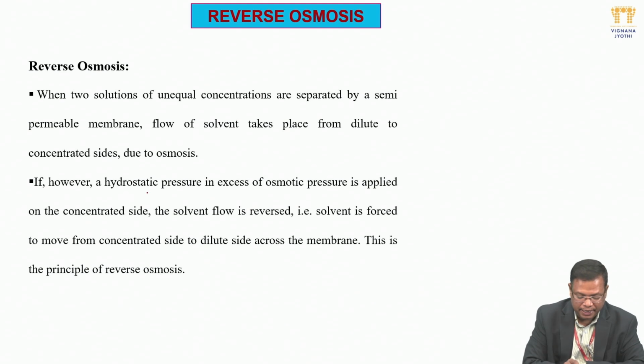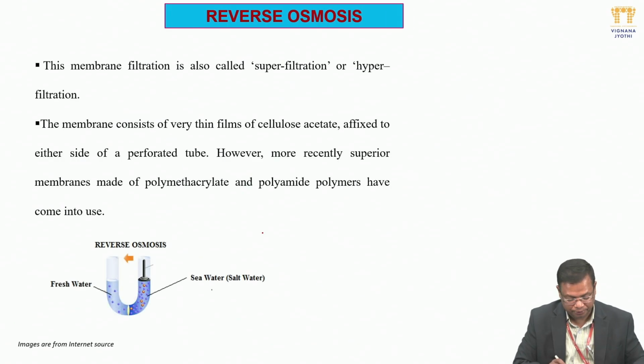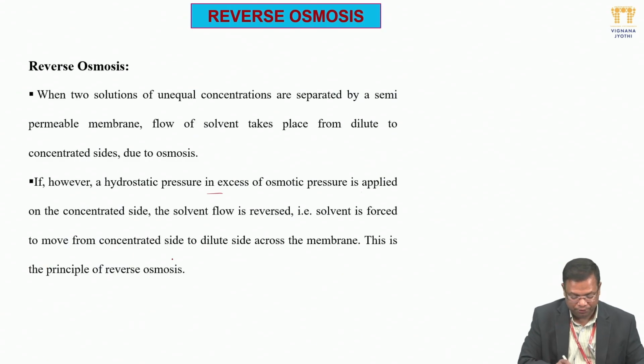If, however, hydrostatic pressure in excess of osmotic pressure is applied on the concentrated side, the solvent flow is reversed. We will see a picture now. That is, the solvent is forced to move from the concentrated side to the dilute side across the membrane. This is called the principle of reverse osmosis.